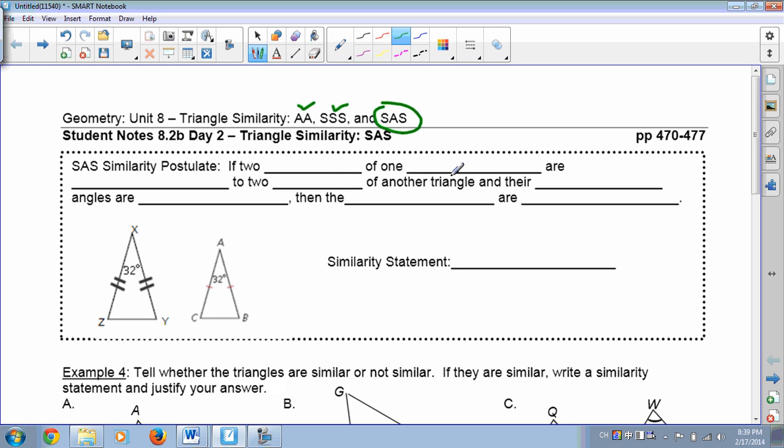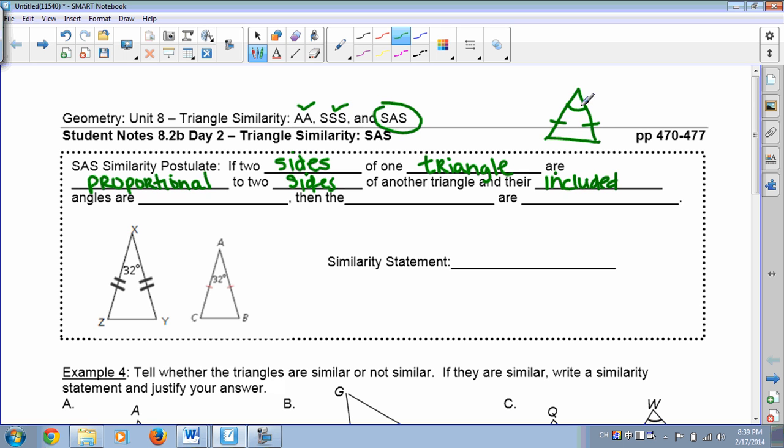So, if two sides of one triangle are proportional to two sides of another triangle, and their included angle, that means the angle in between the two proportional sides, so when you have a triangle, this would be your included angle.